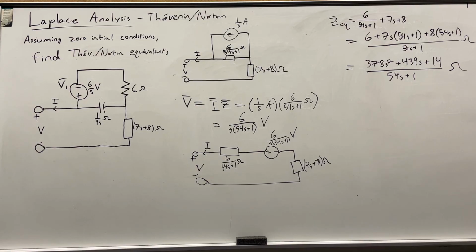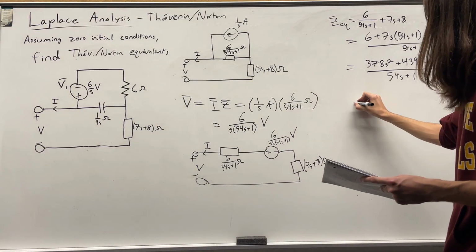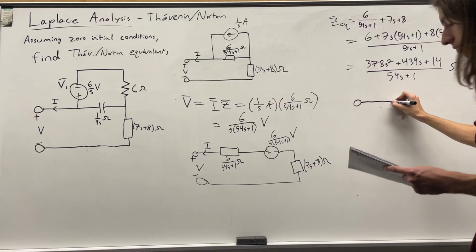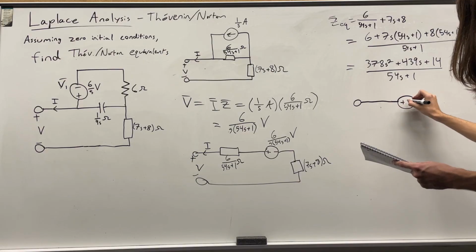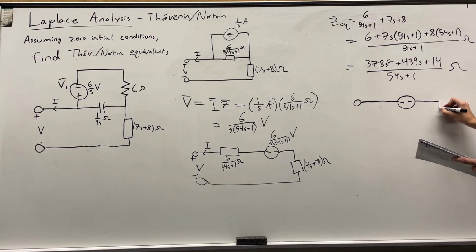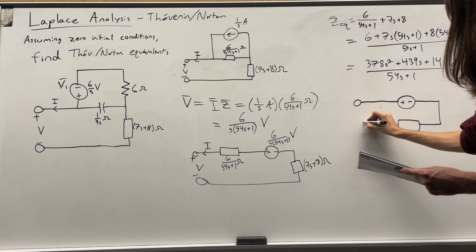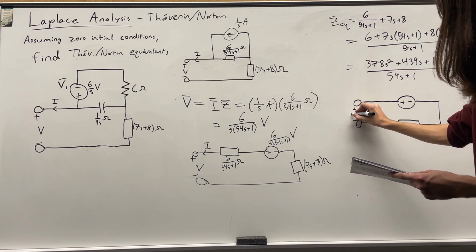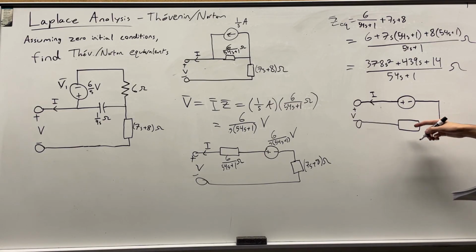So this is our combined impedance for those two impedances. So now we can redraw the circuit. Now we just have the voltage source in series with the impedance.